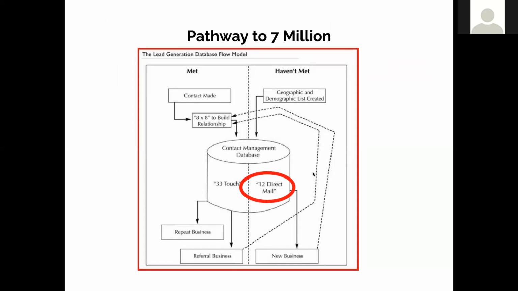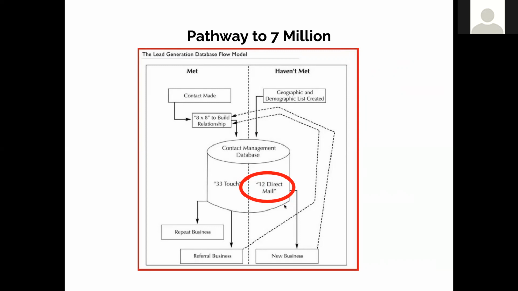They're going to circle all the way back up here. You're going to take those referrals and you're going to put them through your 8x8, warm them up so they're used to hearing from you, right? Maybe they're going to buy a house, maybe they're not going to buy a house, but those referrals then drop into your 33 touch and you stay on top of them. That's one way to build your database.